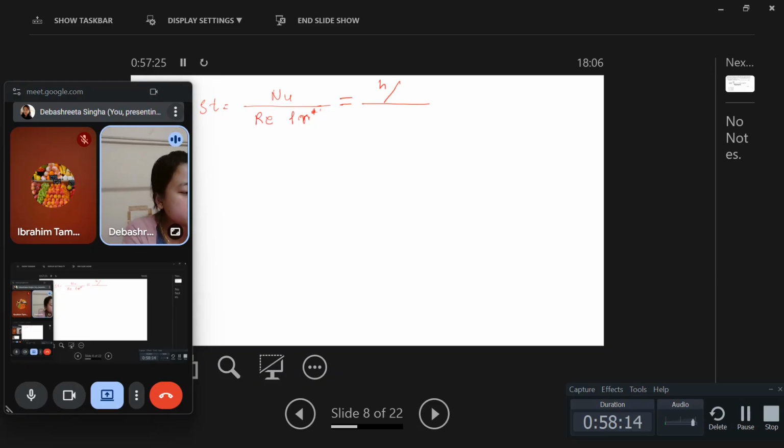Nu is given by HL by K. Re is given by rho VL by mu. So Reynolds number is given by characteristic length into velocity into density divided by the dynamic viscosity, right?